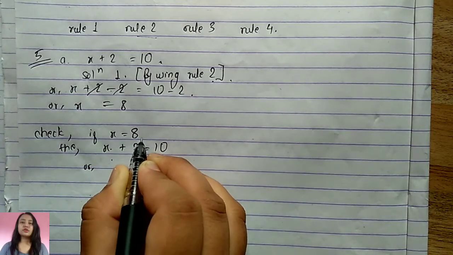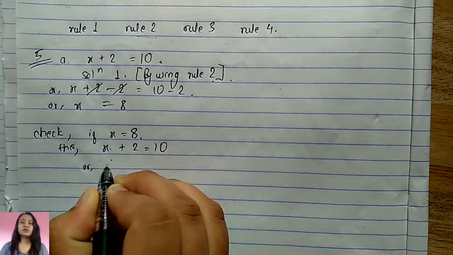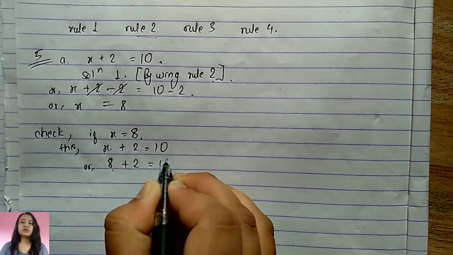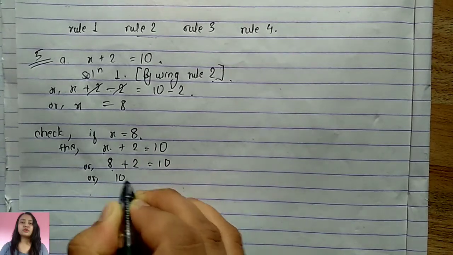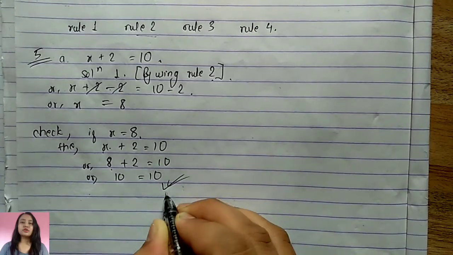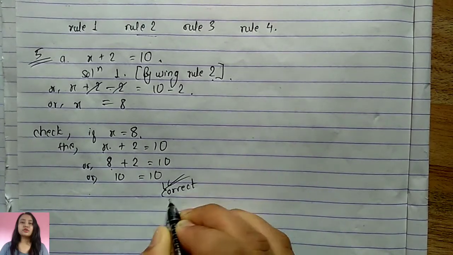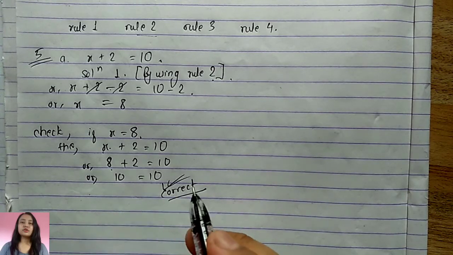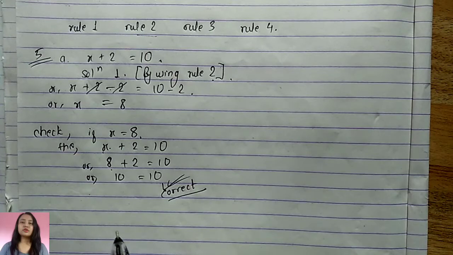We have found the value of x is 8, right? So in place of x we keep 8. 8 plus 2 equals 10, equals 10. Hence it is correct. Like this we check whether the given question, after finding the value of x, is correct or not.